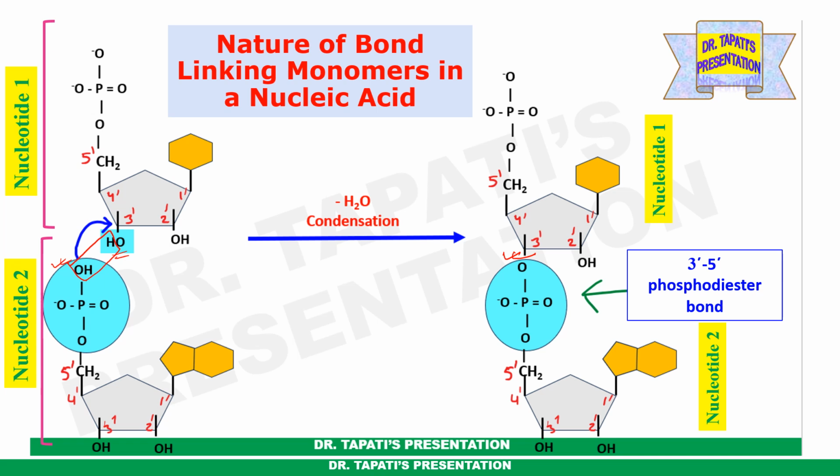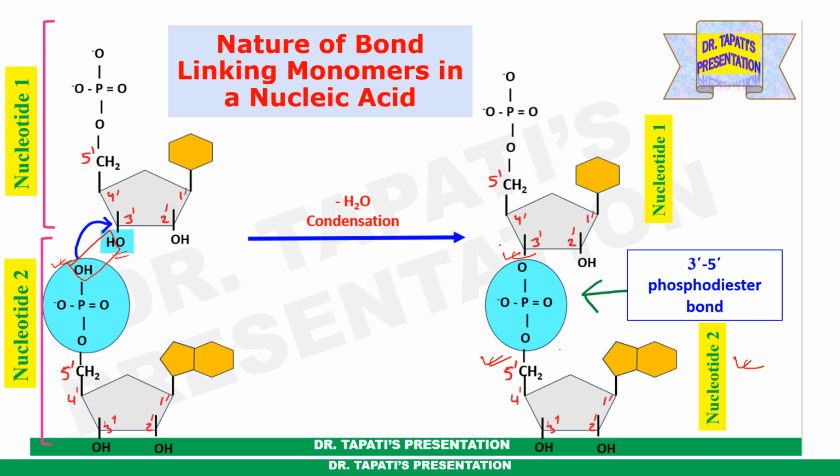So, in a nucleic acid, a phosphate moiety links the 3' carbon of the sugar of one nucleotide, that means the first nucleotide, to the 5' carbon of the sugar of the succeeding nucleotide, that means nucleotide 2. Already you know, the bond between the phosphate and hydroxyl group of sugar is an ester bond, and therefore as there is one such ester bond on either side, it is called a phosphodiester bond.